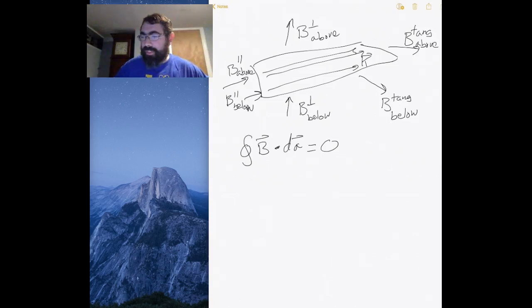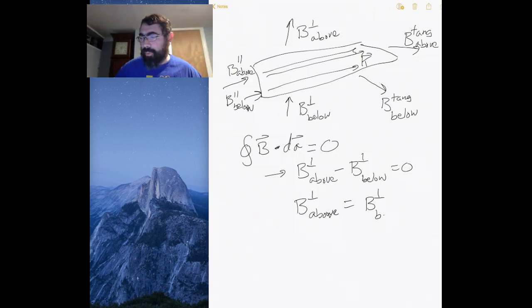That implies that the perpendicular magnetic field above minus the perpendicular magnetic field below will be equal to 0. Or another way of saying it is that the perpendicular magnetic field above is equal to the perpendicular magnetic field below.